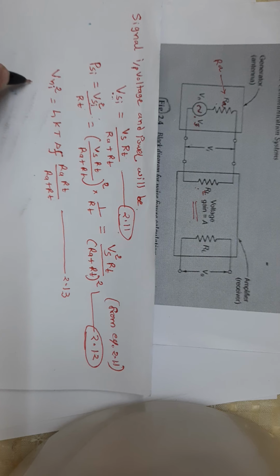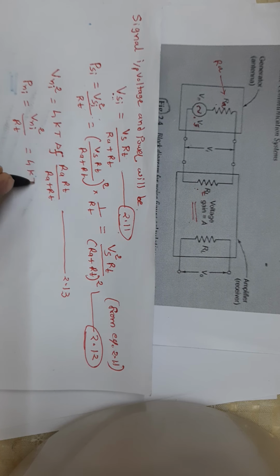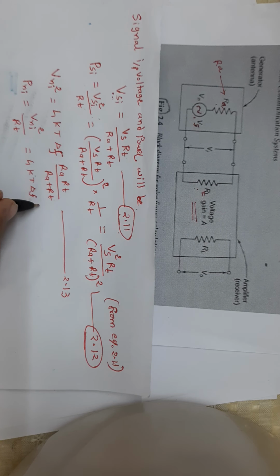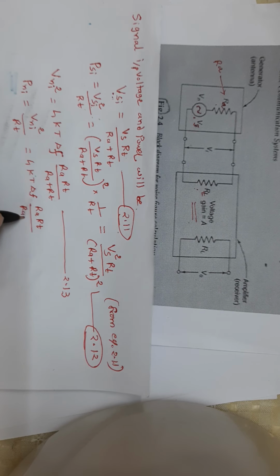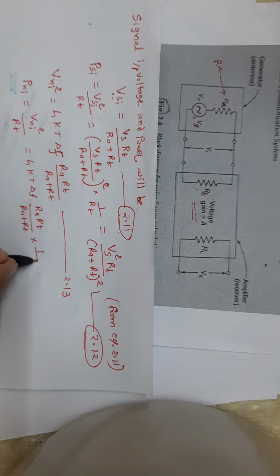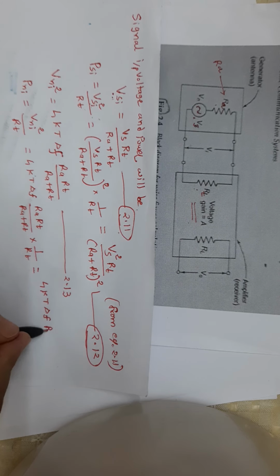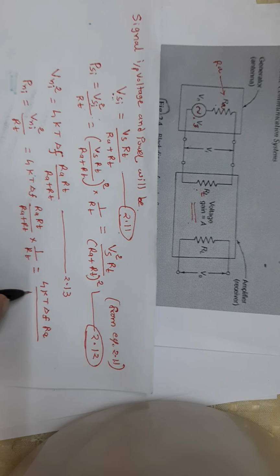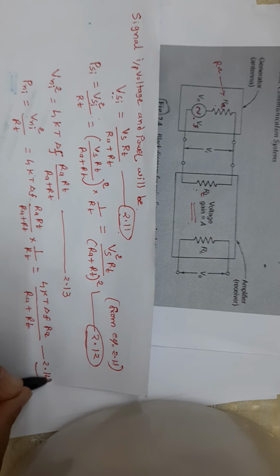So we can write PNI is equal to VNI square upon RT, that is equal to 4 kT delta F RA RT upon RA plus RT into 1 upon RT, and this is equal to 4 kT delta F RA upon RA plus RT. This is your equation 2.14.